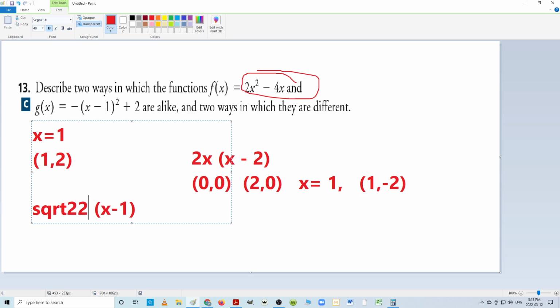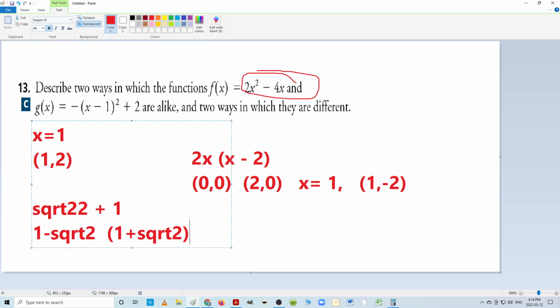And then I got to add 1. Sometimes it's negative square root, so I get 1 minus the square root of 2 and 1 plus the square root of 2 as the x-intercepts. And so you can see that that is not the same x-intercepts at all.